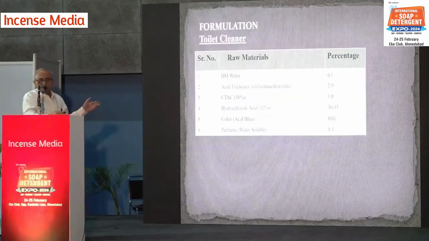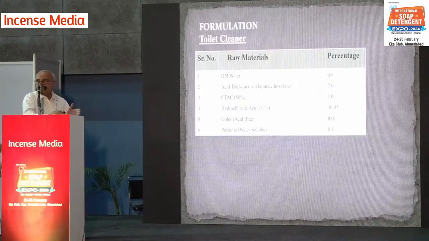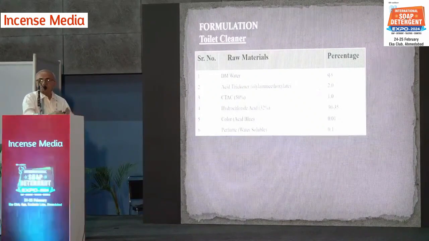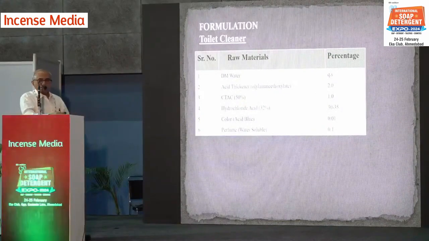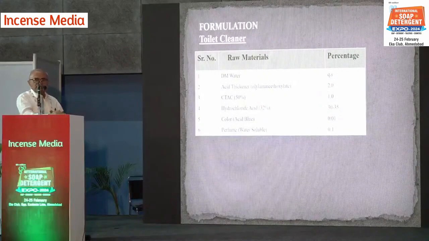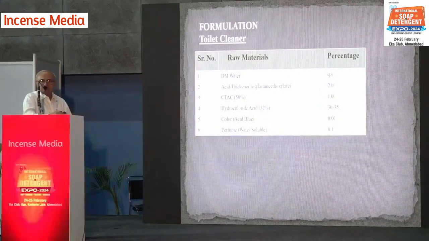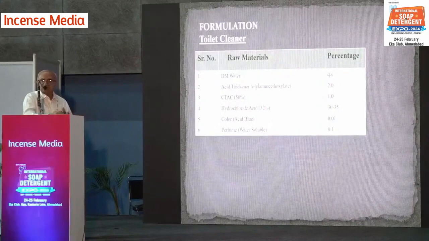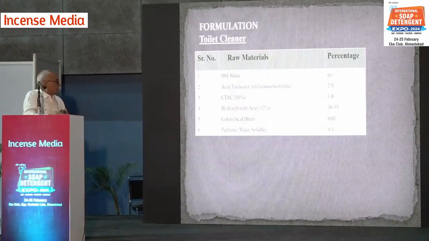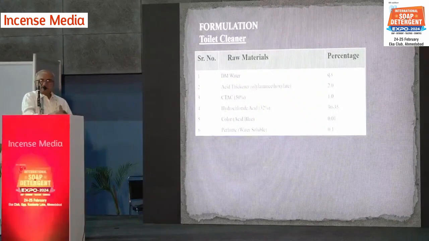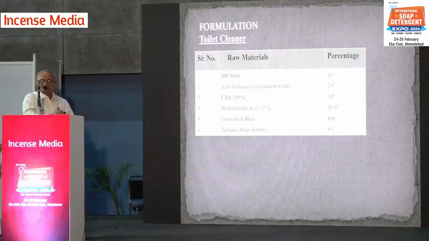The toilet cleaner. Here the main active ingredient is hydrochloric acid. The 32% strength hydrochloric acid is used, and the total strength of the product should be 9.5 to 10.5 in terms of hydrochloric acid. As a thickening agent, amine ethoxylated.